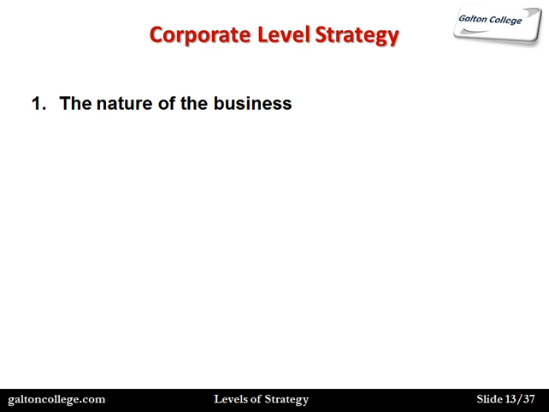Well, this must have a clear picture of the nature of the business. The corporate level of strategy covers the whole business, so it's important to understand the nature of the business. What's the core activity? What's the business doing? And it must also be the case that the management is aware of the opportunities.